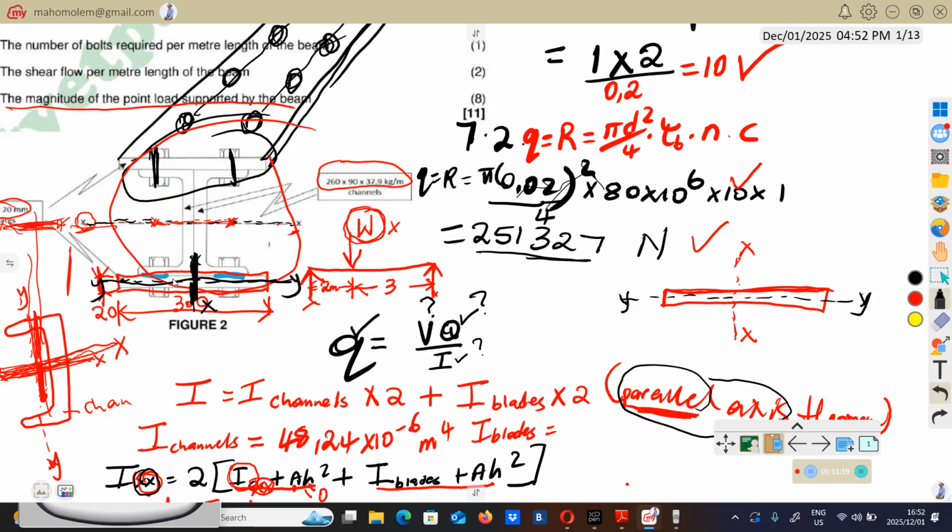Then between this and this, YY is the one parallel to XX. So that's why here we are going to have YY. Why? Because the YY axis is parallel to this XX axis of the composite.